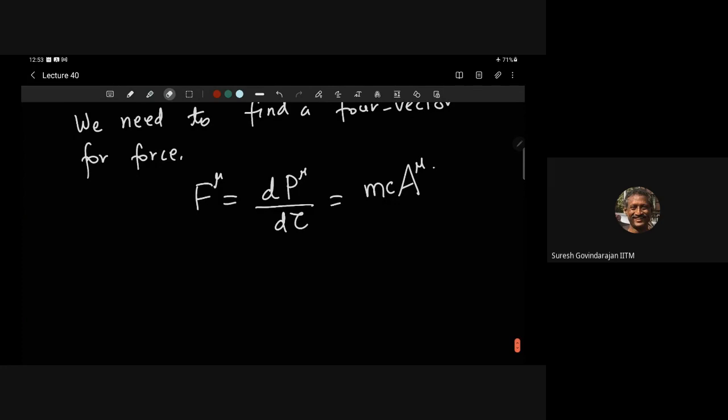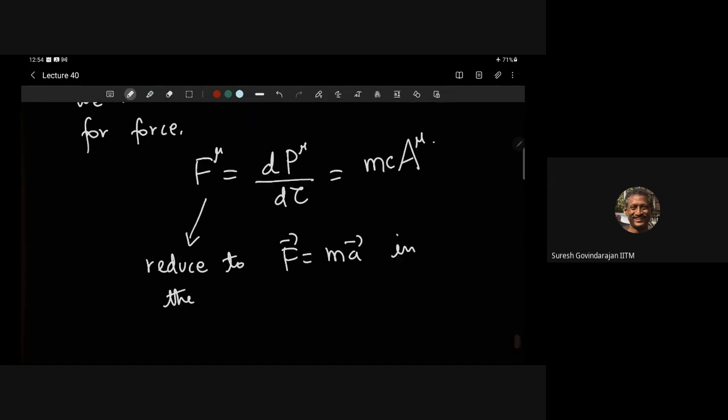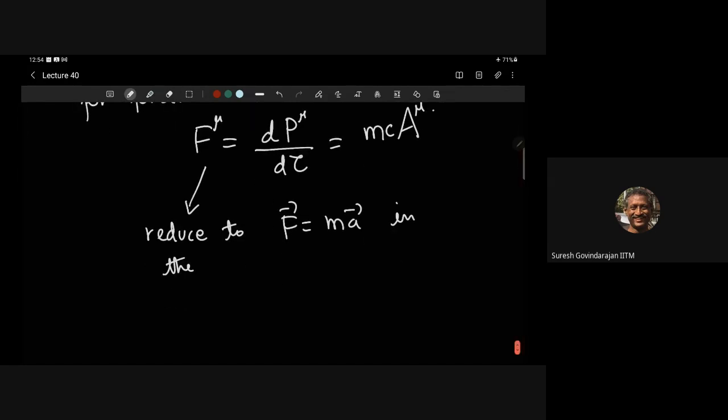And so the idea here is, this is a 4-vector, so this better reduce to F equal to ma in the rest frame, the instantaneous rest frame. You remember, I'm going to this instantaneous rest frame where the particle is at rest, because it gets rid of some factors and the acceleration takes a very simple form in the instantaneous rest frame.